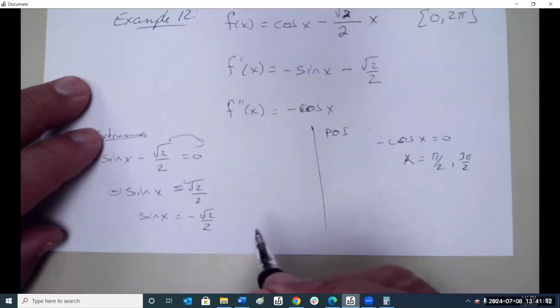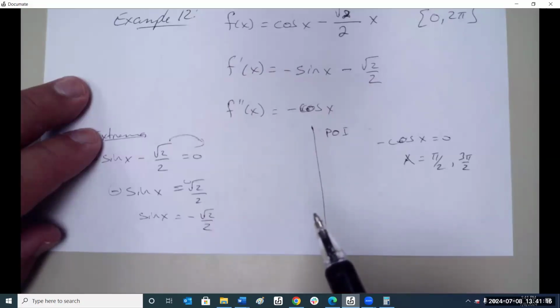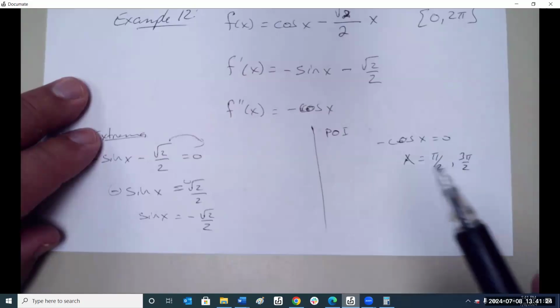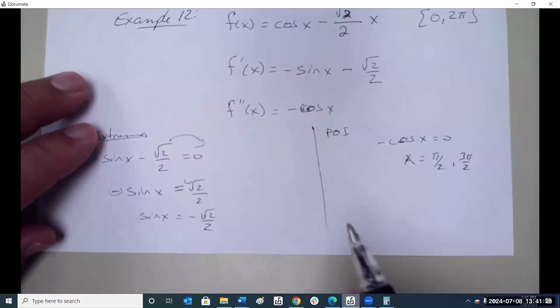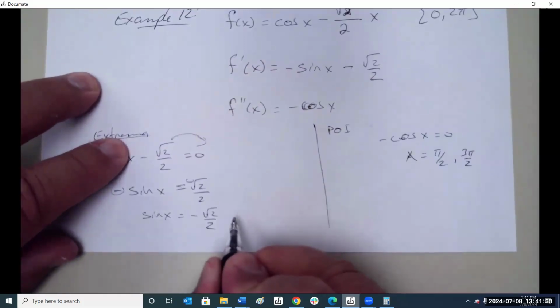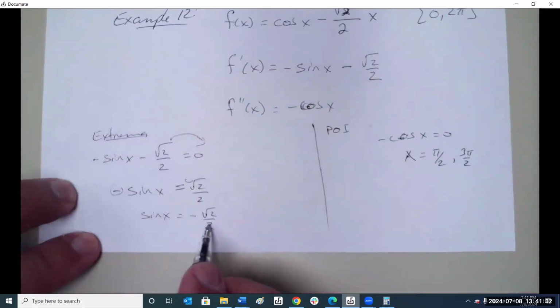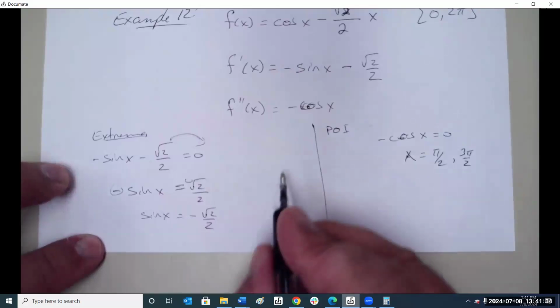Sine and cosine are both square root of 2/2 at the same place. 45-degree angle, which is 180 divided by 4, or pi divided by 4.